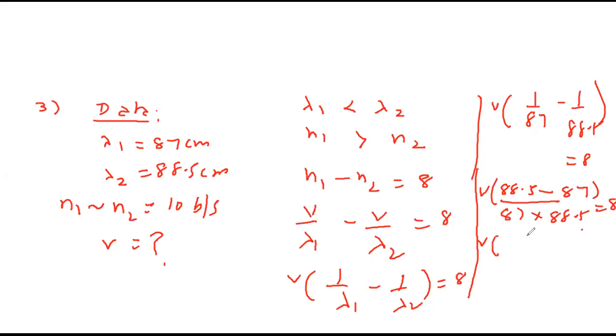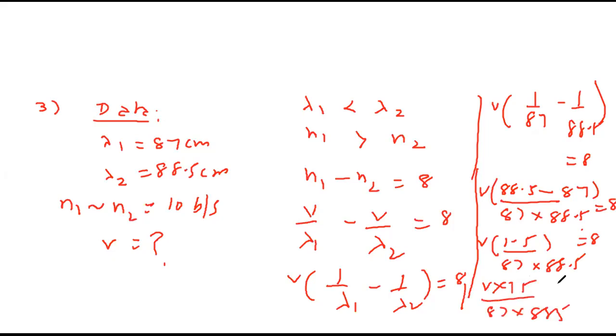This is 1.5 upon 87 into 88.5, so V into 15 upon 87 into 885 equals 8. I have removed two decimals from numerator as well as denominator. So V becomes 8 into 87 into 885 upon 15.